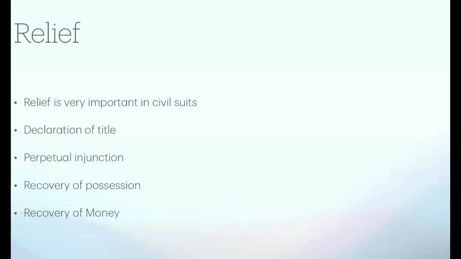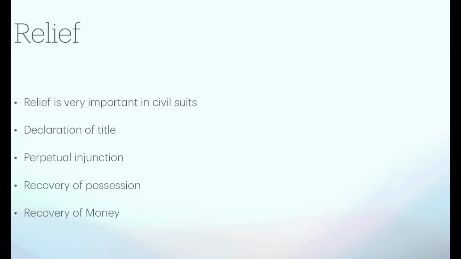For example, I have mentioned here declaration of title. For declaration of title, based on the valuation of the property, we have some amount. We have perpetual injunction, which is nothing but a permanent injunction. Say the property is in your control only, but someone intentionally keeps coming and doing some unnecessary activities.